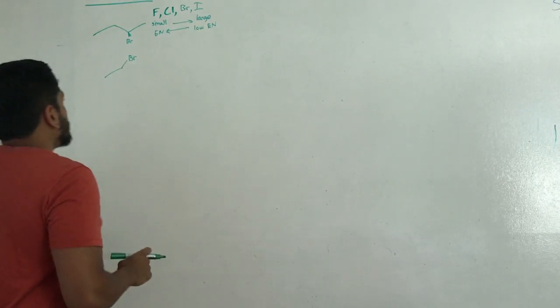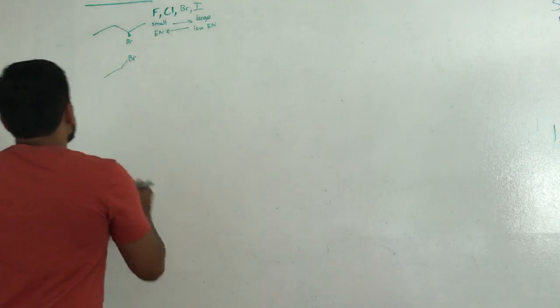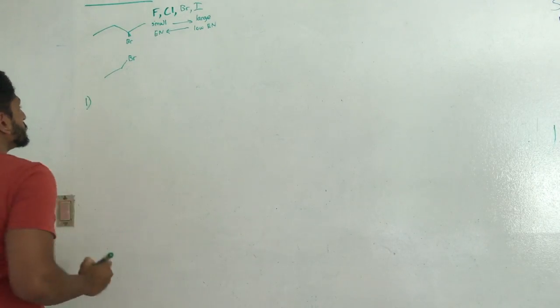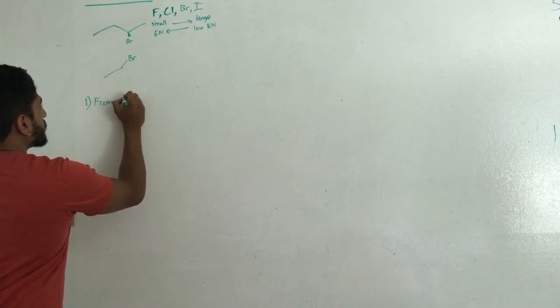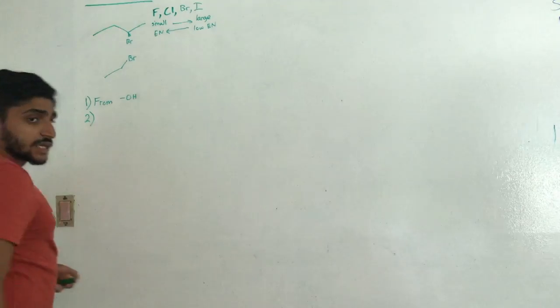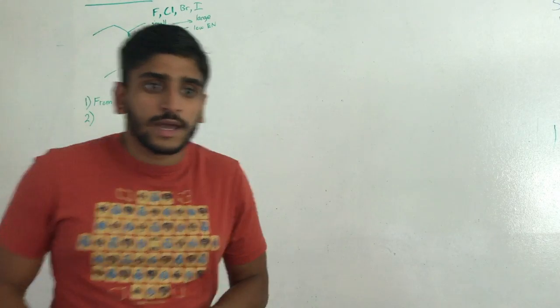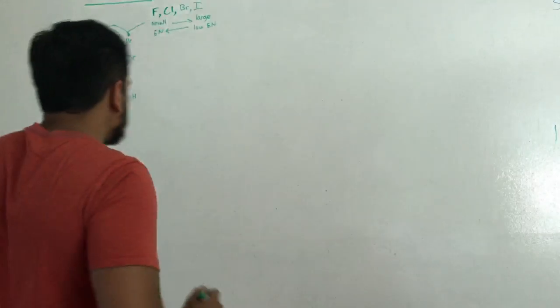So, a haloalkane is generally made in one of four ways. First, it can be made from alcohols. Second way that you can make a haloalkane is from alkanes themselves.